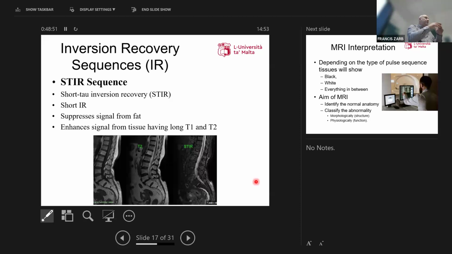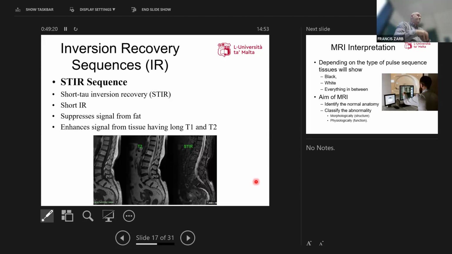Taħdem bl-istess mod, imma l-ranges ta' TE u TR ħajkunu b'tali mod li mhux se jkollhom effett fuq il-fluid, se jkollhom effett fuq il-fat. U l-fat li iktar nsibuh muscles, ħafna abnormalities tal-musculoskeletal system are fat-based. Mela fejn jidħol musculoskeletal imaging, l-STIR tintuża ħafna.